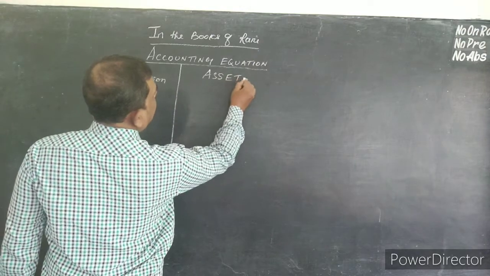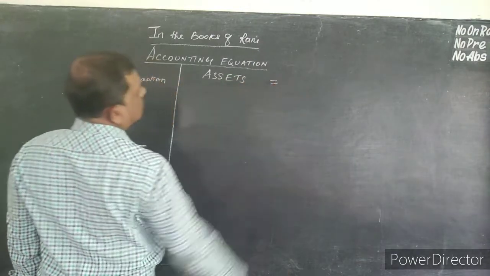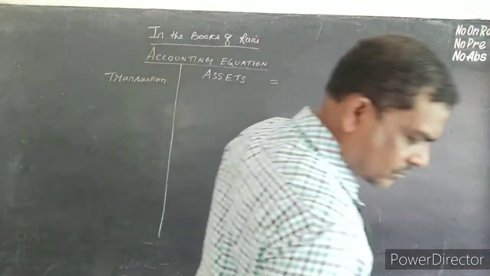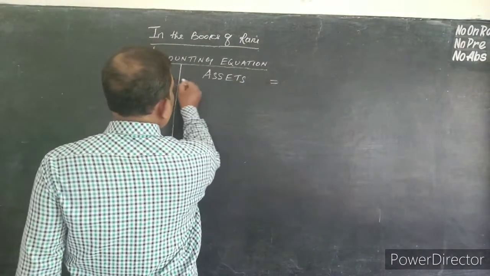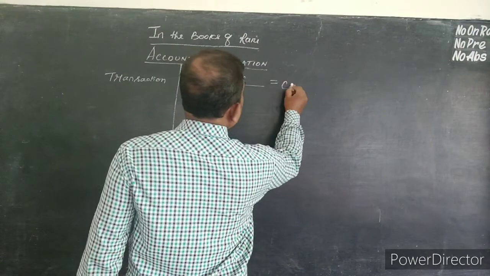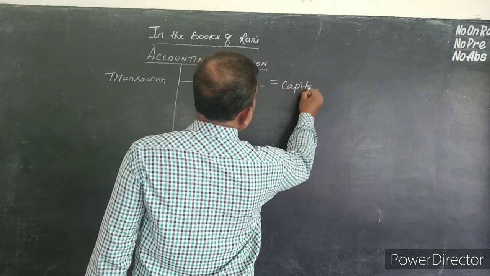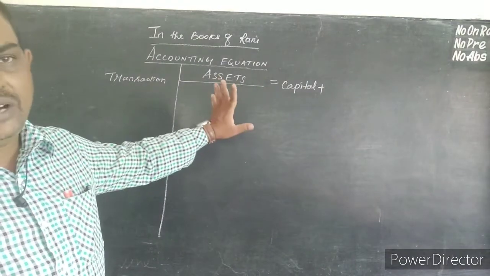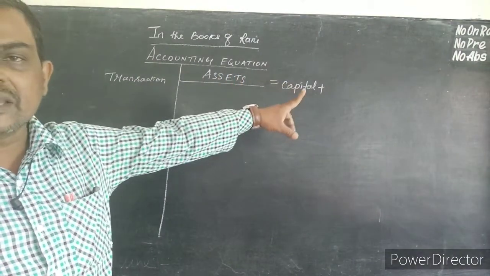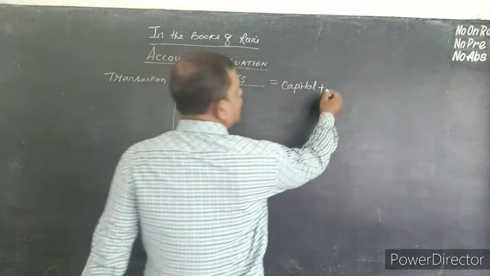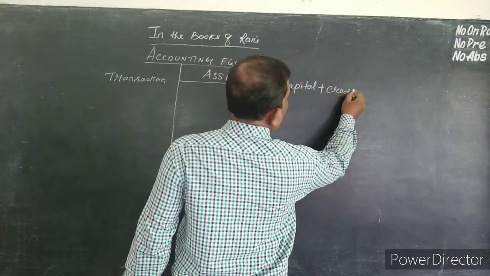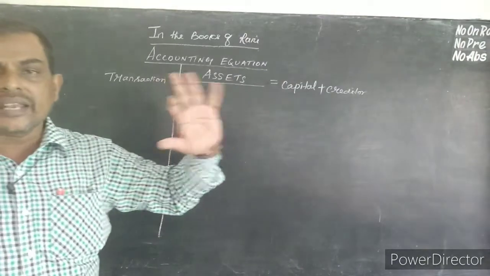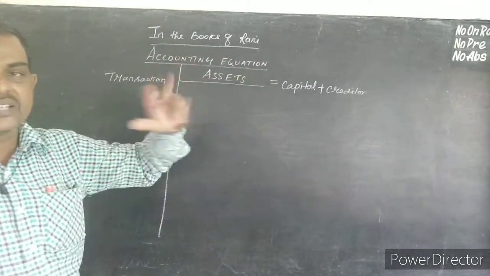Assets is equal to capital plus liability. Here liability is only one item, that is creditor, so in the place of liabilities you directly mention creditor. In this sum only creditor is there. But there are three assets here.